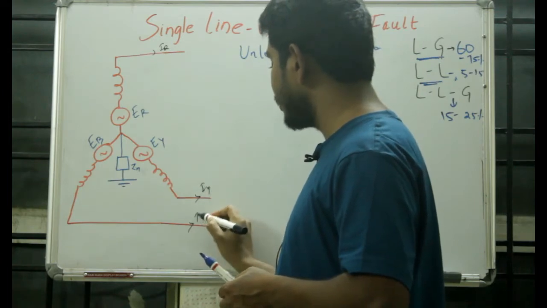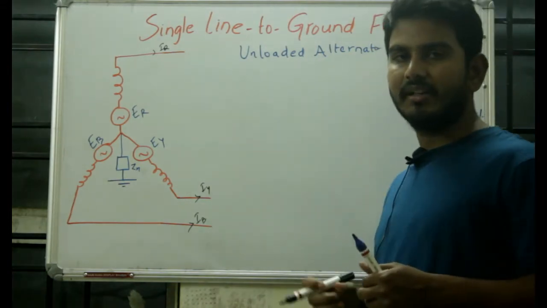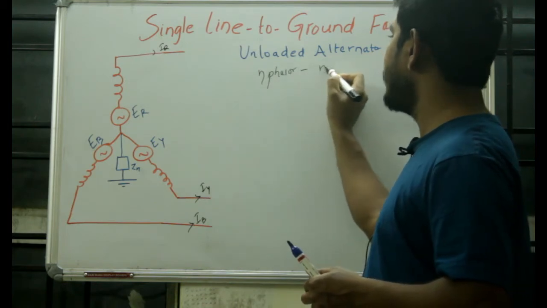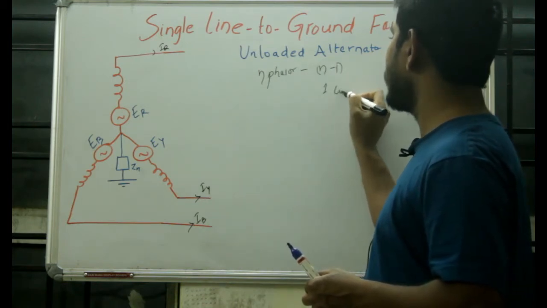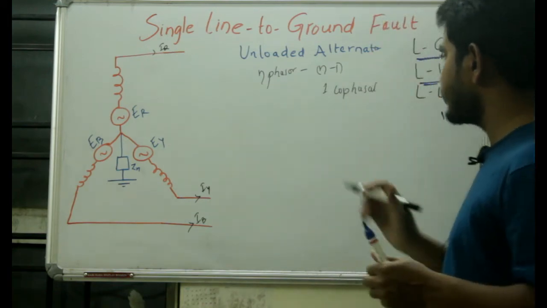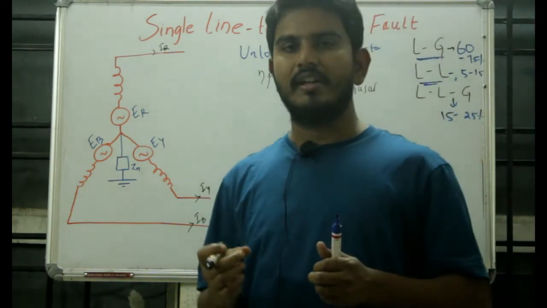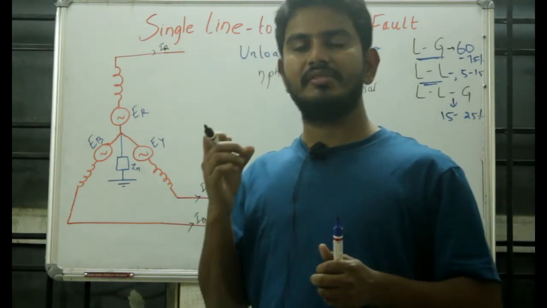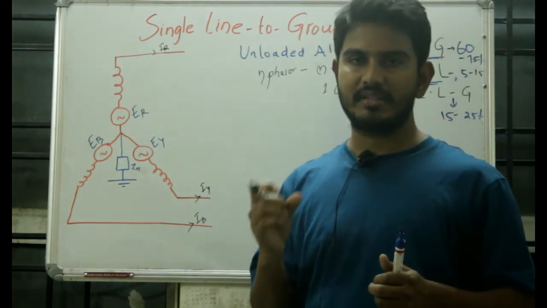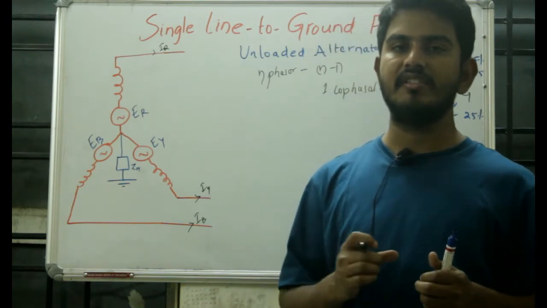According to Fortescue theorem, an n phasor can be resolved into n minus 1 phasors with one co-phasal quantity. So the unsymmetrical three-phase fault currents can be resolved into three separate sets of balanced currents: positive sequence, negative sequence and zero sequence current.